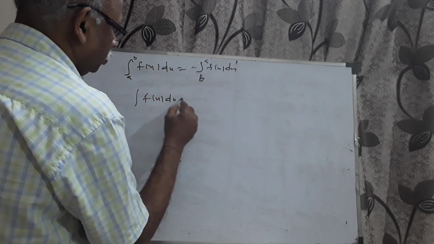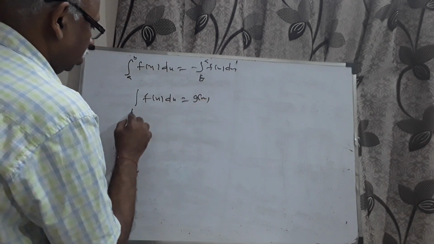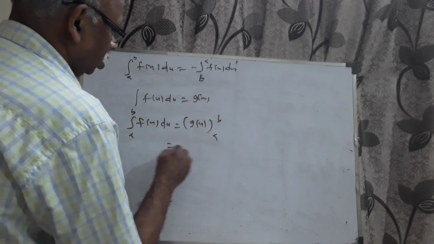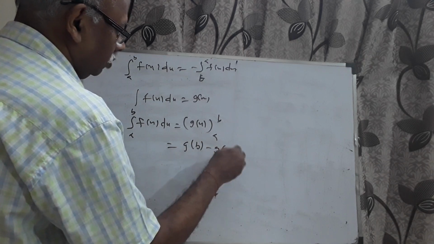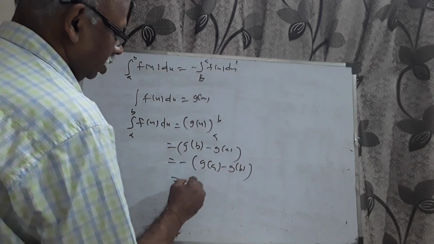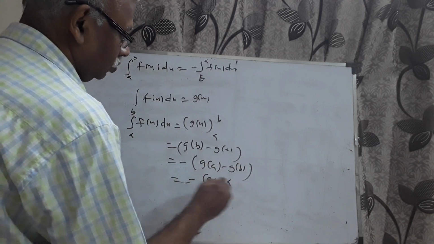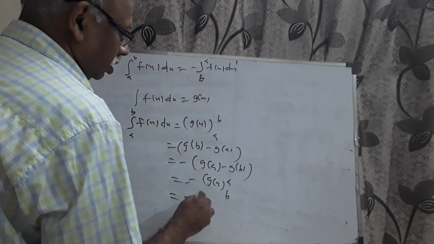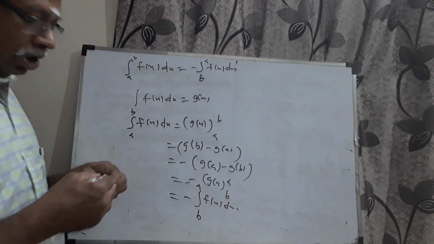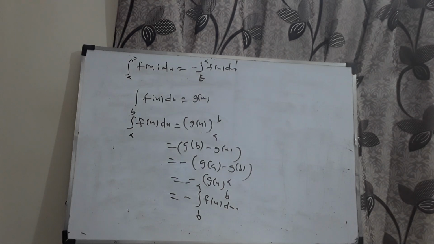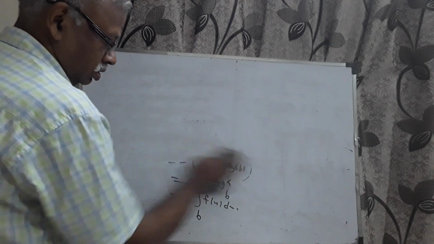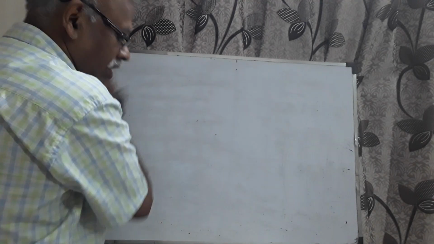Let the integral of f(x) dx be g(x). Therefore, the integral from A to B of f(x) dx is g(x) from A to B, which can be written as g(B) minus g(A), which is minus of g(A) minus g(B), which is minus g(x) from B to A, which is minus the integral from B to A of f(x) dx. Therefore, if I interchange the upper and lower limits, there is a negative sign in the final answer. That was also used in two of the cases earlier in this particular video itself.